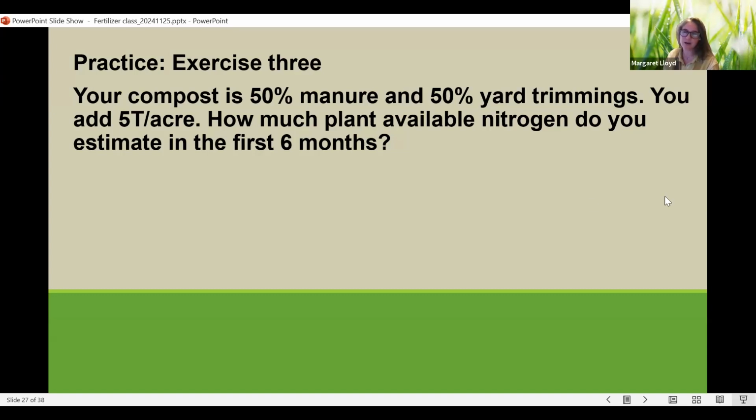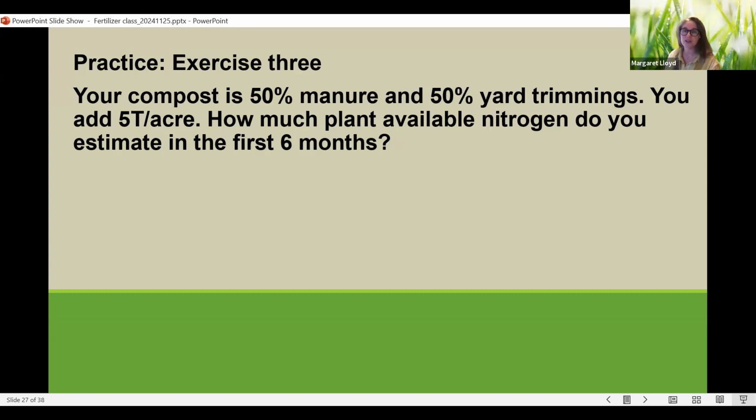And so how can you combine what the calculator is offering with some of the other tools that you have in the 8712 document? And the perfect example that comes to mind for me is, what if I have a compost that's part manure, part yard trimmings? This is the type of compost that's available in our area and likely in other areas too.